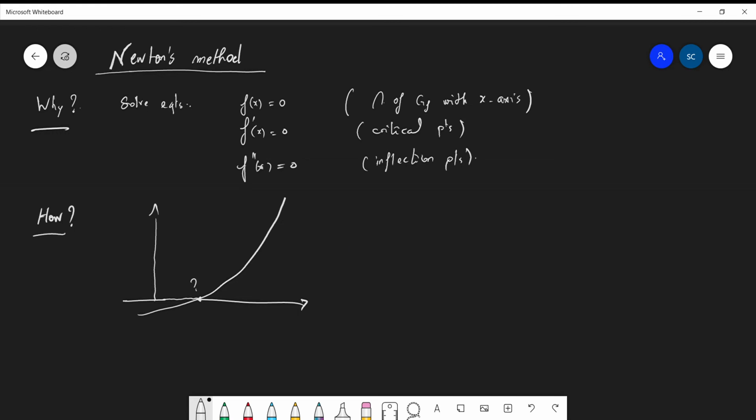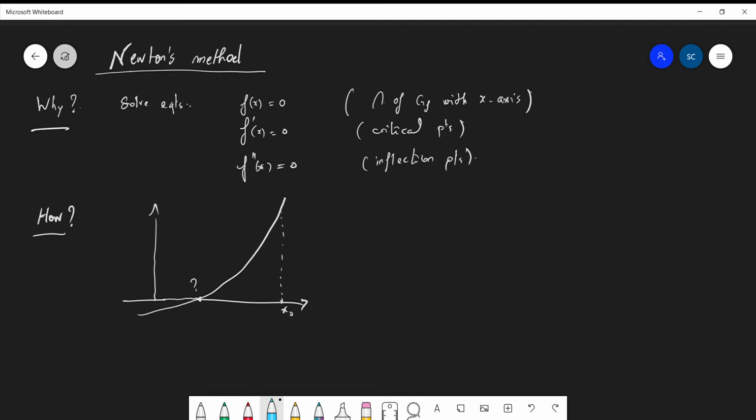Let's say we know, using the intermediate value theorem, that our root is somewhere in a certain interval. Take an x0 from this interval, and consider the tangent line at x0 to the curve.